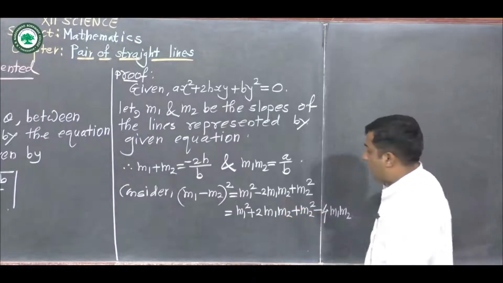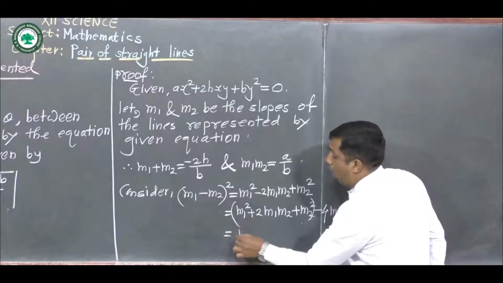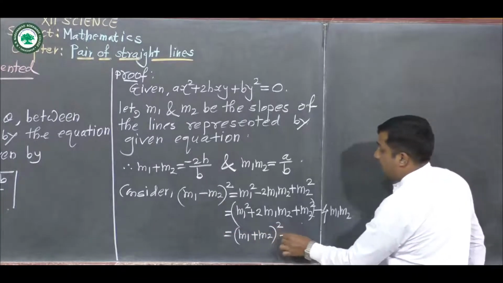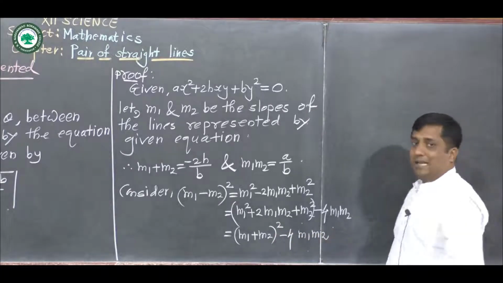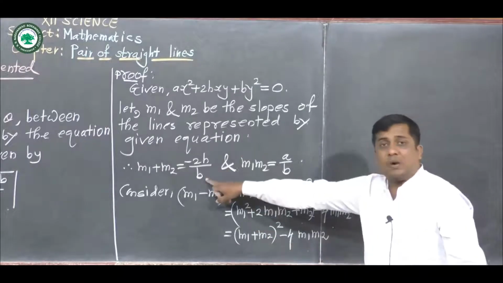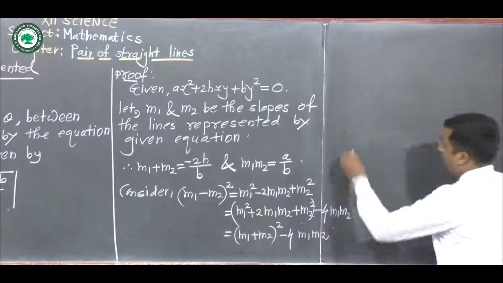Here we know 2 m1 m2 minus 4 m1 m2 is minus 2 m1 m2. Now we know this bracket is the expansion of m1 plus m2, this bracket square, minus 4 times m1 m2 as it is. Now we know m1 plus m2 is minus 2h upon b, and m1 m2 is a upon b.